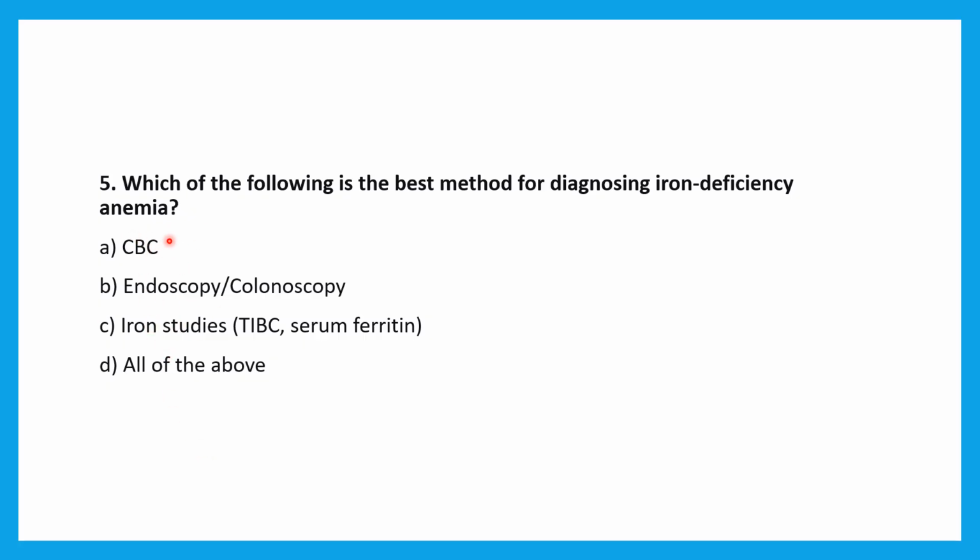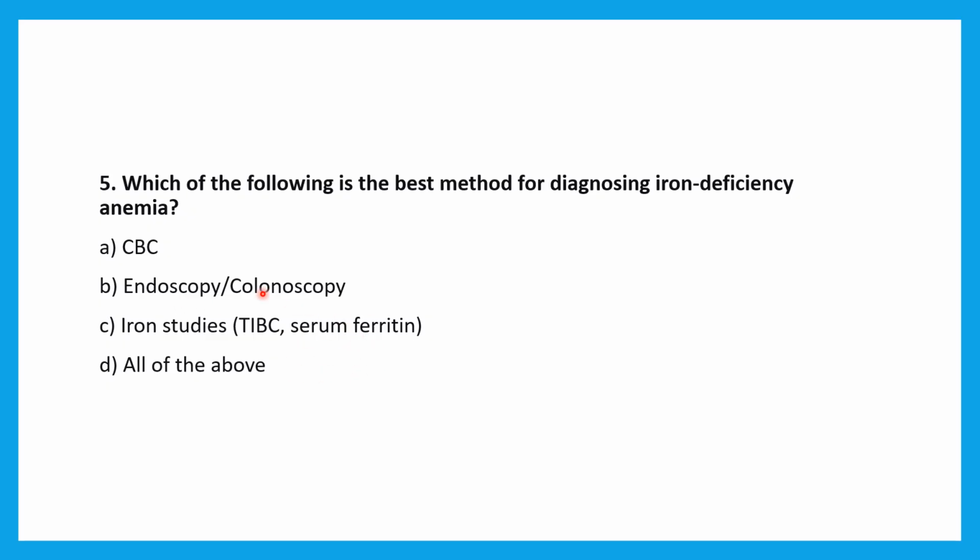Complete blood count. Yes. When diagnosing iron deficiency anemia, I should state that a comprehensive approach is actually the best. A complete blood count identifies anemia. Iron studies like low ferritin and high total iron binding capacity, which is TIBC, confirm iron deficiency anemia as the cause.